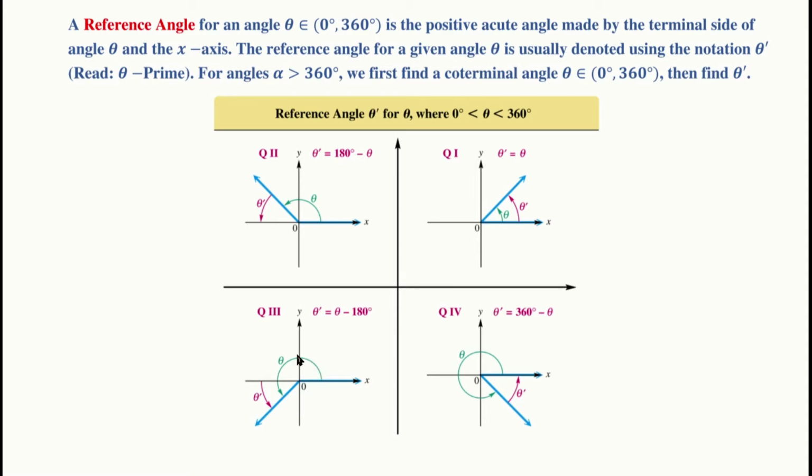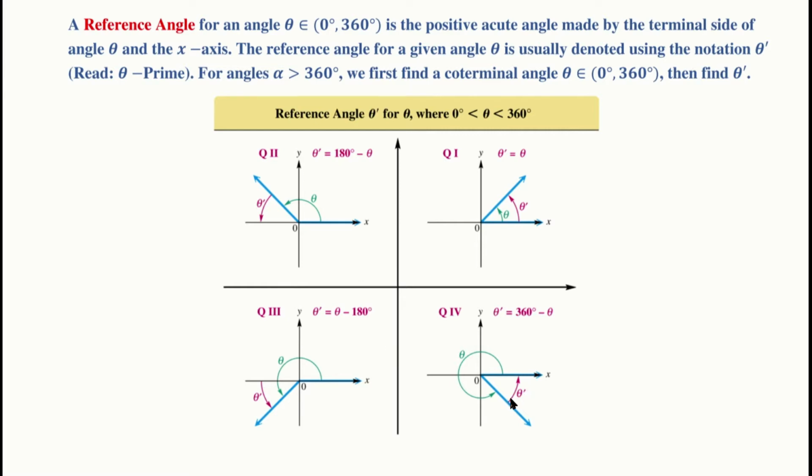In other words, we would have to take the angle itself and subtract the 180, the half circle, from it. Then we end up with the reference angle. So be careful, that's a subtle difference, but it's important. So for this reference angle, we have to take the original angle and subtract 180 from it. But for this one, notice it's going to be 180 minus the original angle. Make sure this makes complete sense to you visually, and then you won't really have any problems as we proceed.